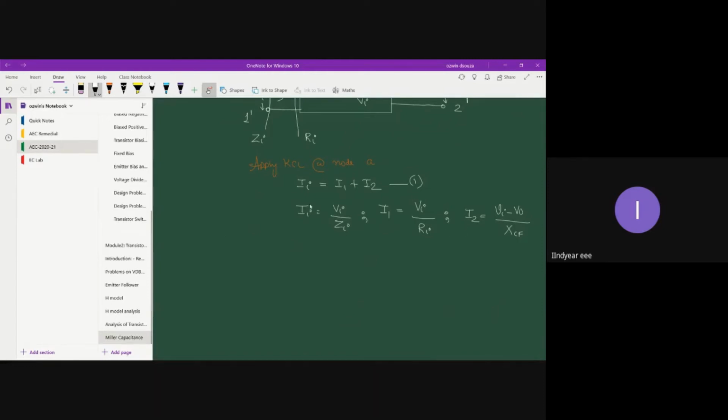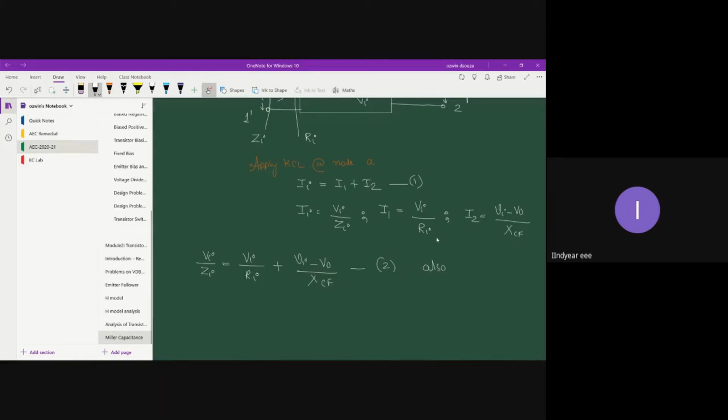We have written different expressions for different currents. Now let us substitute them. We get II is equal to Vi by Zi is equal to I1, which is Vi by Ri, plus I2, which is Vi minus V0 divided by XCF. Let's say this is equation 2.